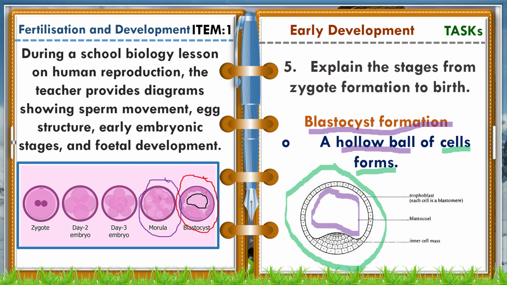When such a thing happens, we call it a blastocyst. That space inside here is what we call the blastocoel. And the cells surrounding the inner part of the blastocyst are known as the trophoblast or blastomere.